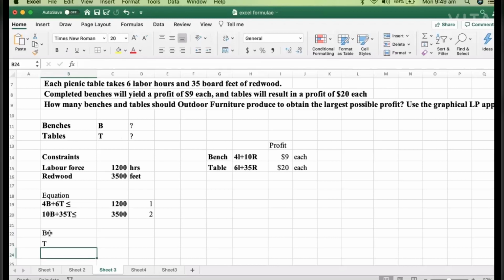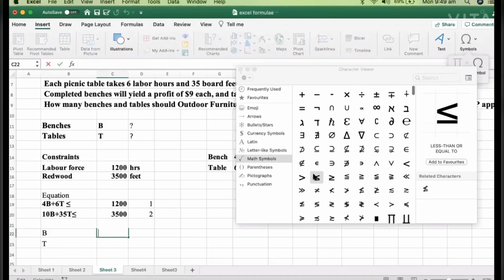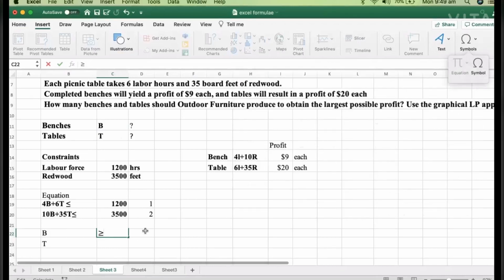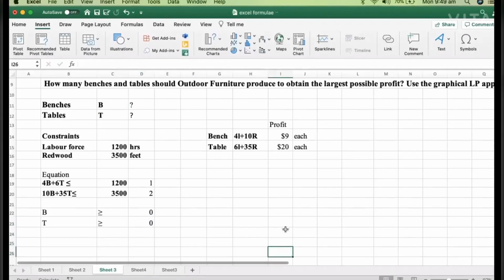We have to insert a symbol again. It should be equal to 0 or greater than 0. Okay, so that is my symbol for this one. As I told you, it should not be negative, it should be either 0 or greater than 0. So these two constraints also I have to set in my equations.